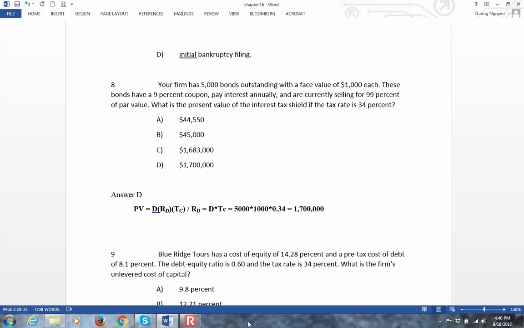The formula for the tax shield is basically D, the amount of debt, times the tax rate. So currently the total value of debt is 5,000 bonds times $1,000 each bond times the tax rate 34%. So it is equal to $1,700,000.